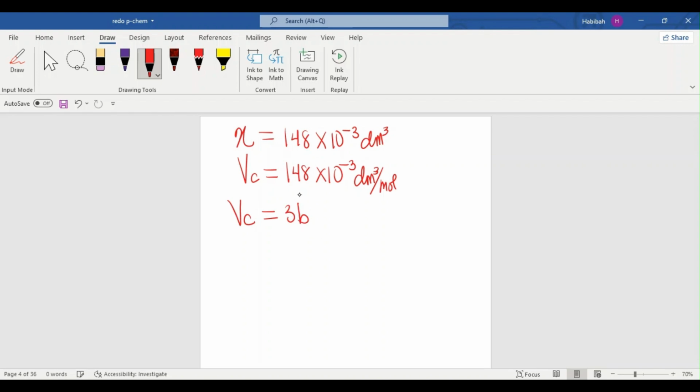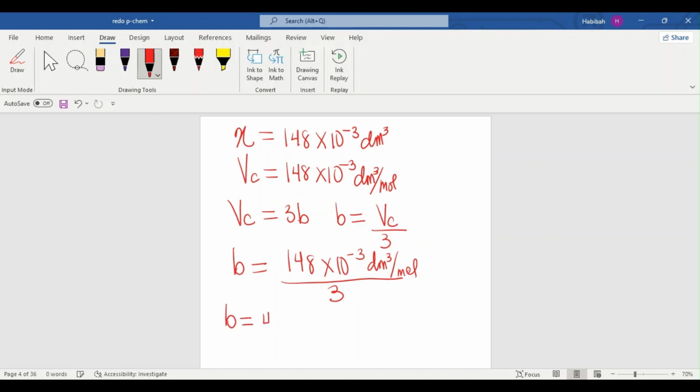So to find the van der Waals parameter for excluded volume B, we have VC divided by 3. So B is going to be 148 times 10 to the power of negative 3 decimeter cube per mole divided by 3.